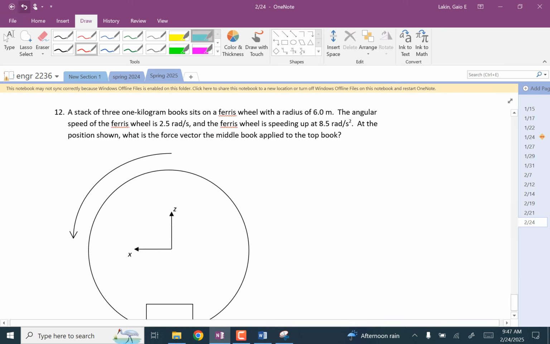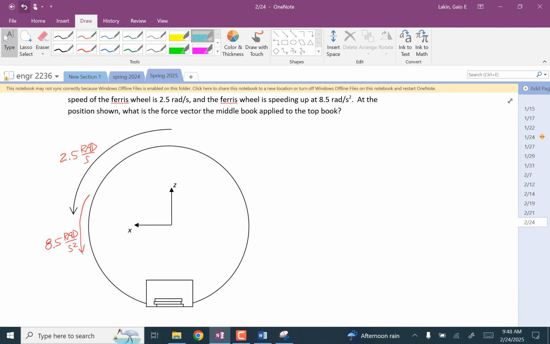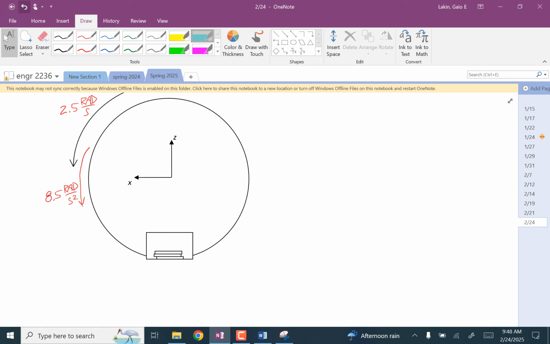It's going this way at 2.5 radians per second. It's speeding up, so that means that the angular acceleration is also this way. And we're going to calculate the acceleration of those books, and then we're going to draw a free body diagram.